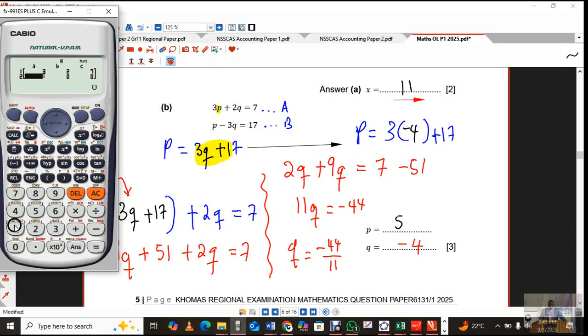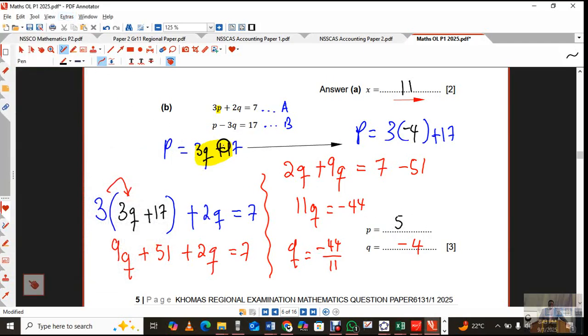Our P is 1, coefficient of that is 1. Coefficient of that is negative 3, so it's negative 3 over here. And our constant is 17. It gives you the first answer: P is 5, then the other one is negative 4. This is the way that I'll go about checking that. They will not allow you to use this type of calculator because you need to show your working. It's 3 marks over there.